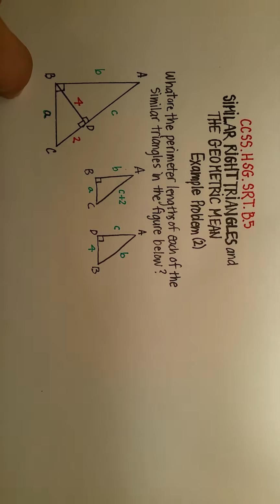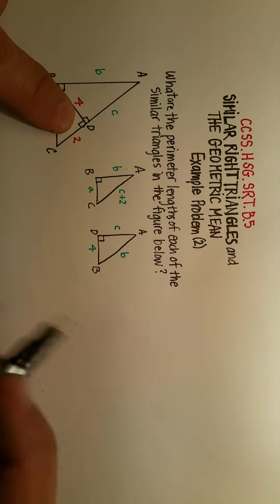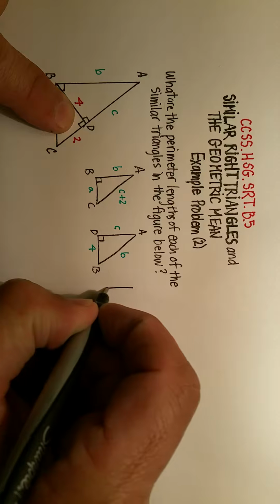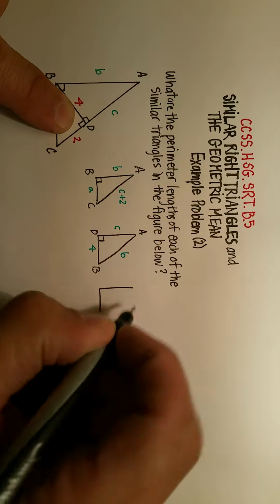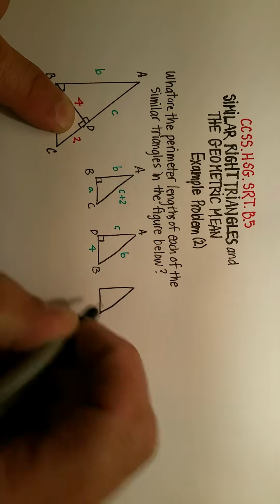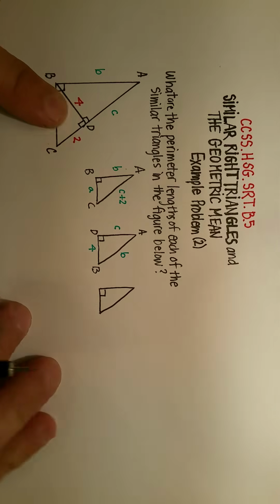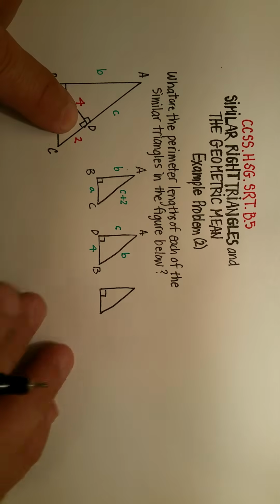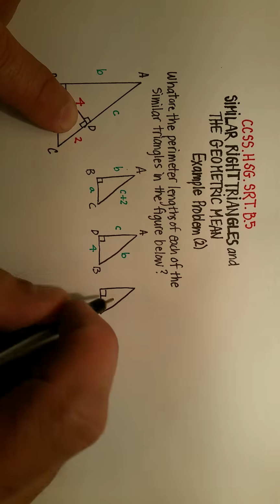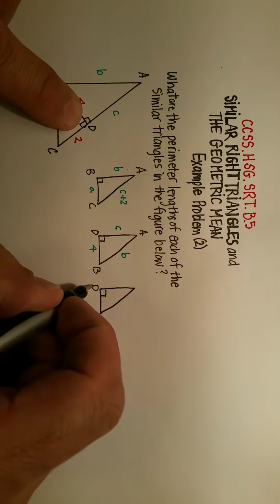All right, let's draw one more triangle, which is this little guy right down here. Okay, there's the right triangle. Where the right angle is, it's called D, so we got that.